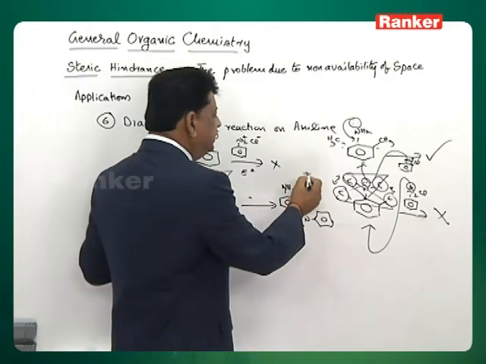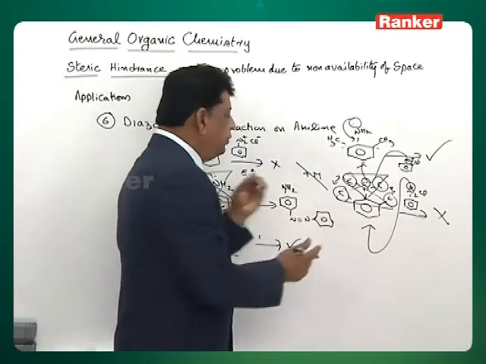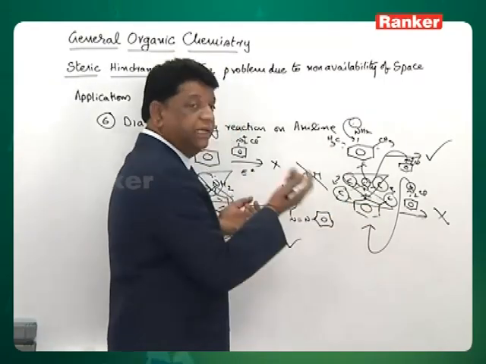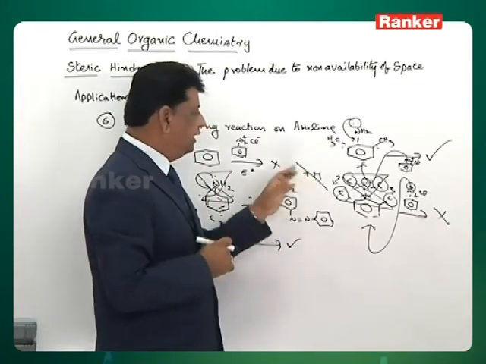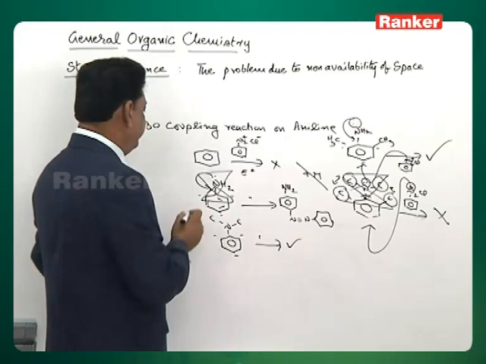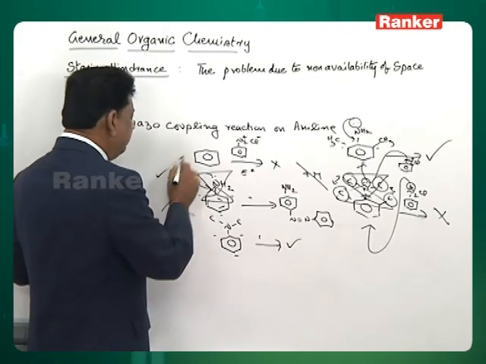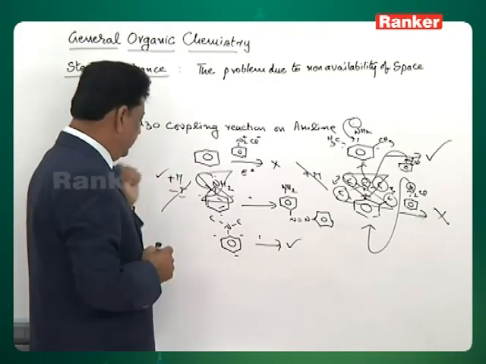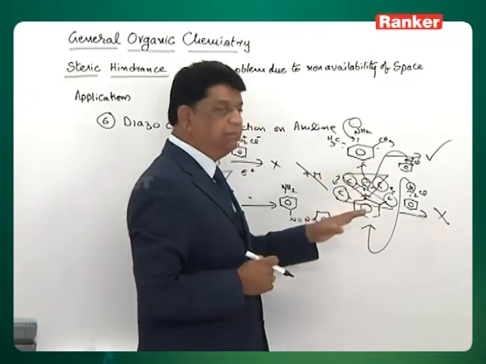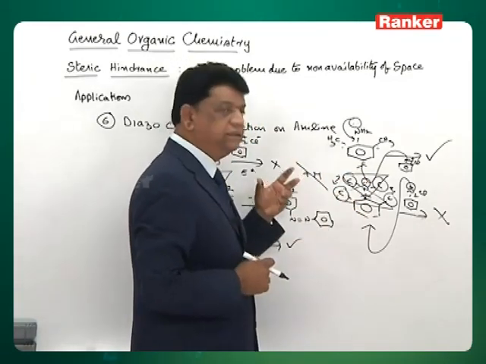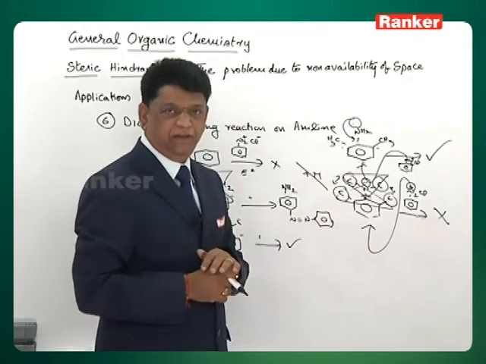Once the plus M is stopped, the nitrogen originally has a minus I effect through the bond, and that will become the dominating phenomenon. Actually, the amino group shows two effects, plus M and minus I, but the mesomeric effect is strong and the inductive effect is recessive. But in this particular condition, when plus M is not working, minus I starts working, and instead of activating, it becomes a deactivating function.